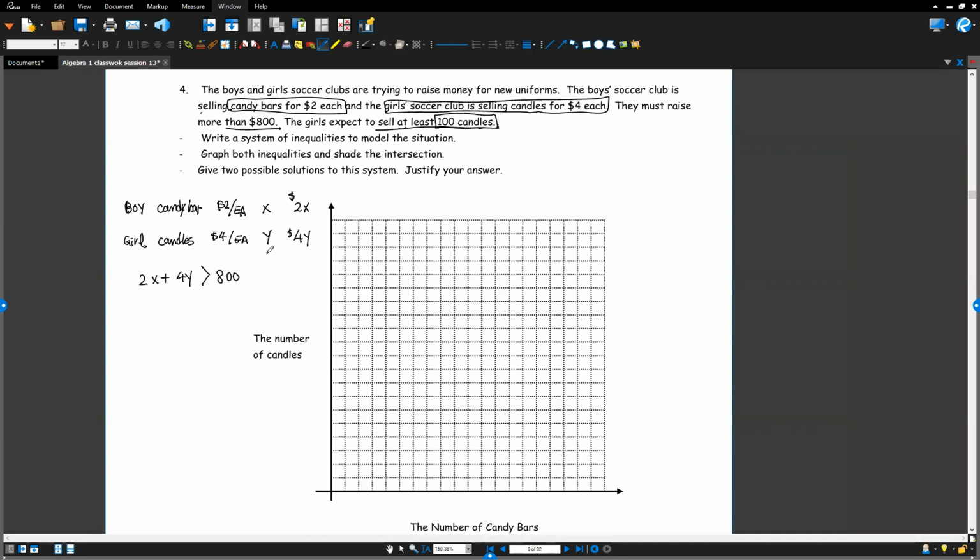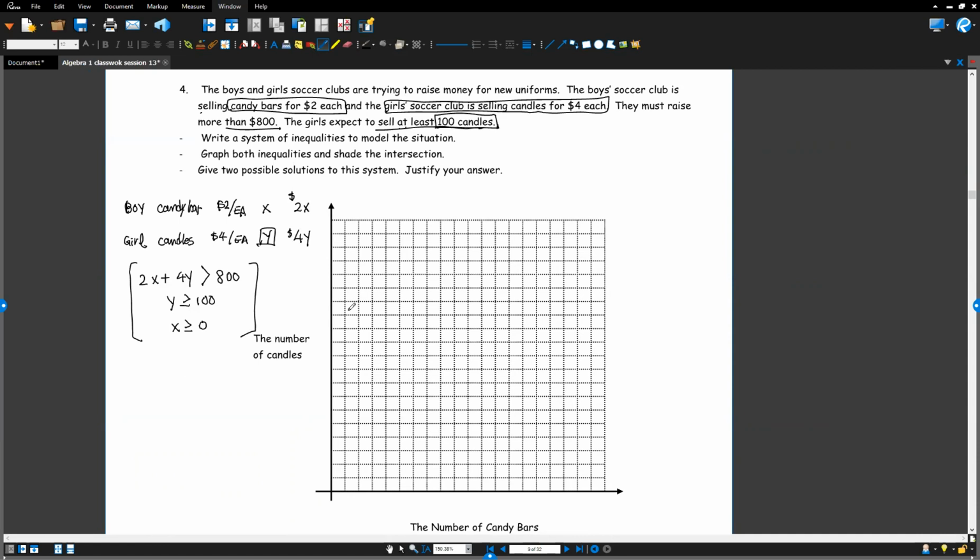So the number of candles Y should be greater than or equal to 100. X is also 0 or positive. So this is the system of inequalities.